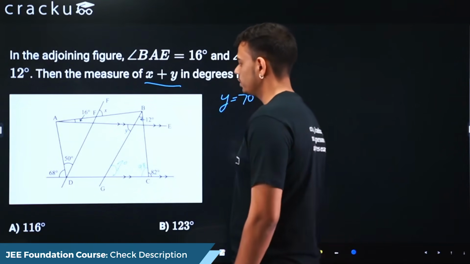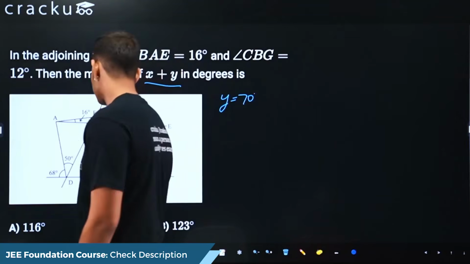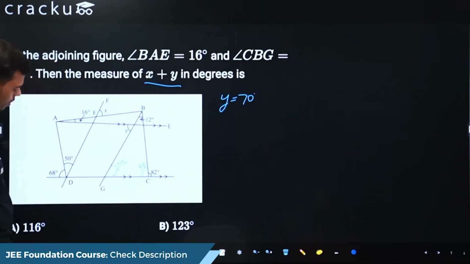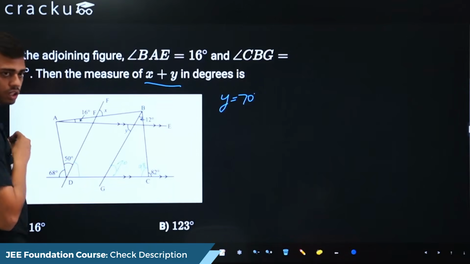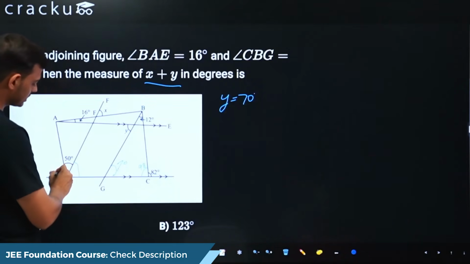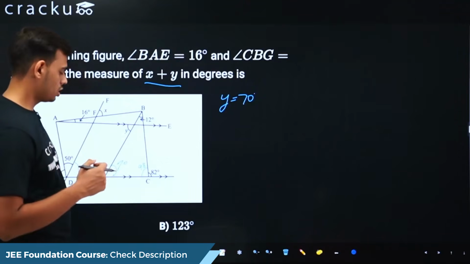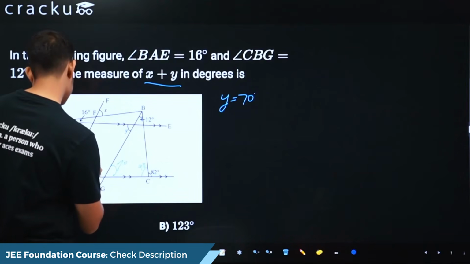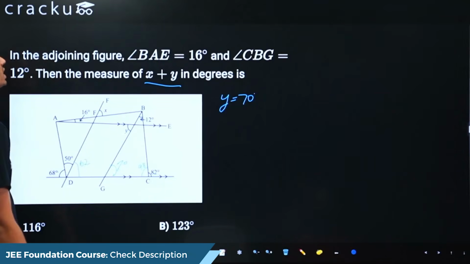Let us see what we can do with all the angles given to us. We are given two angles on a straight line. I can easily calculate the third angle, which will be 180 minus 68 minus 50, which is 180 minus 118, which is 62 degrees.